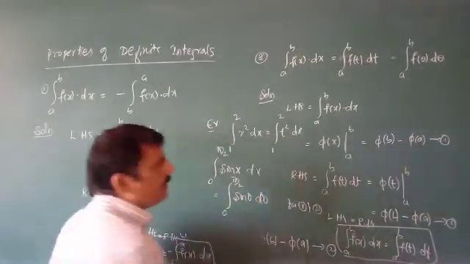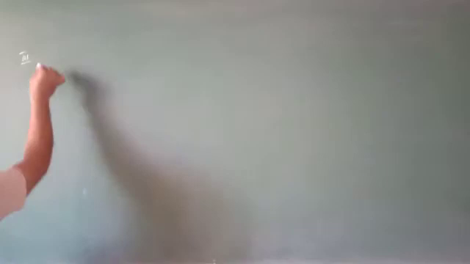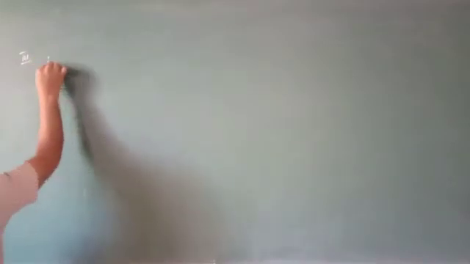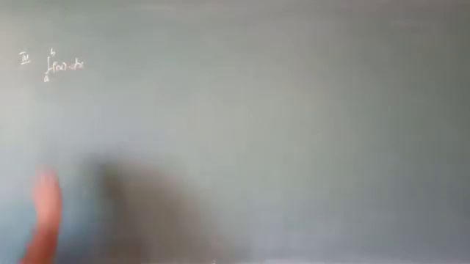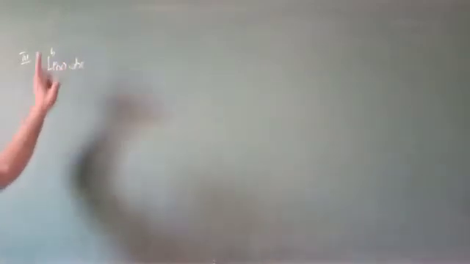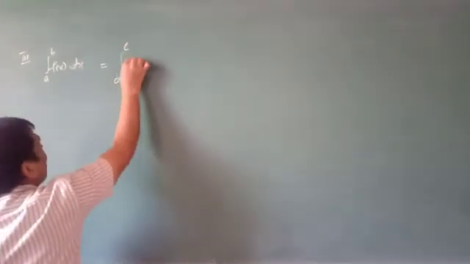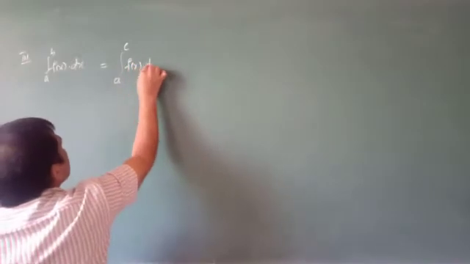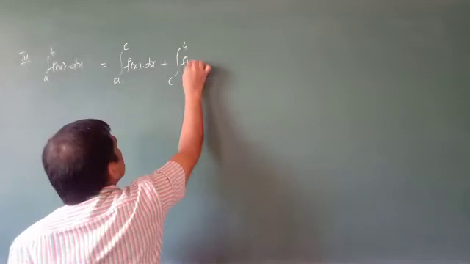The next property, the third one, says that in a definite integral, the integral of f of x with respect to x from a to b can be written as the integral from a to c of f of x with respect to x plus the integral from c to b of f of x with respect to x.